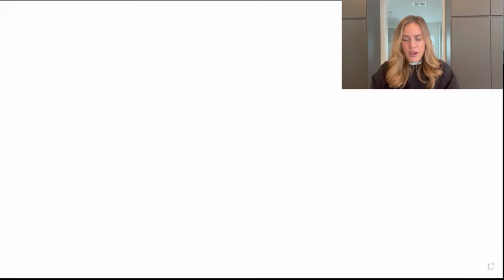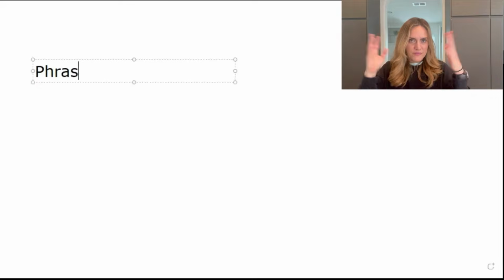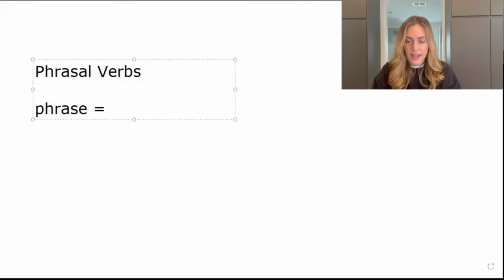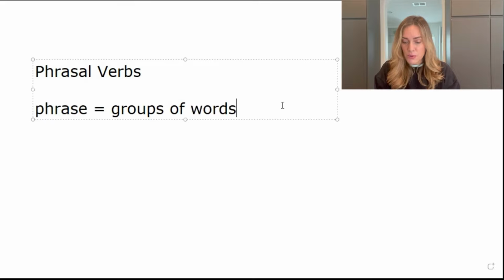Okay, so phrasal verbs are verbs plus something else that are inside of a phrase. So what's a phrase? A phrase is just a group of words, okay? But inside of a phrasal verb, the group of words happens to be a verb, which is an action in this case.